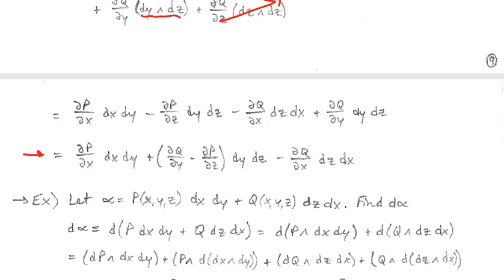The derivative of p times dx dy, plus p times the derivative of dx times dy. Again, the first form that we have listed here is a zero form. -1 raised to the power 0 means that it's a plus that stays in the middle here.